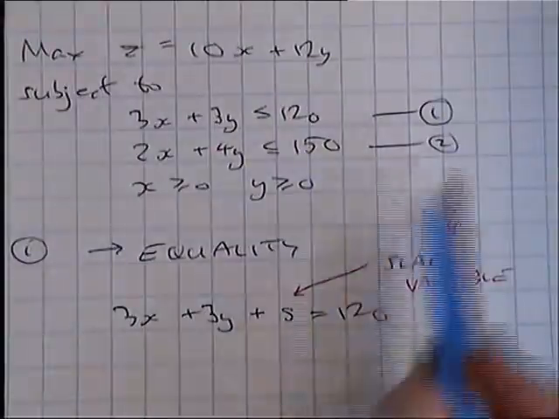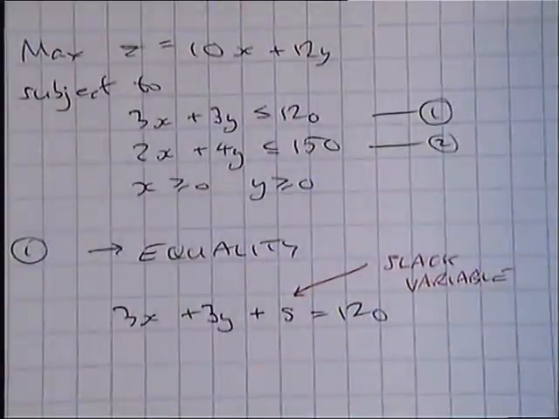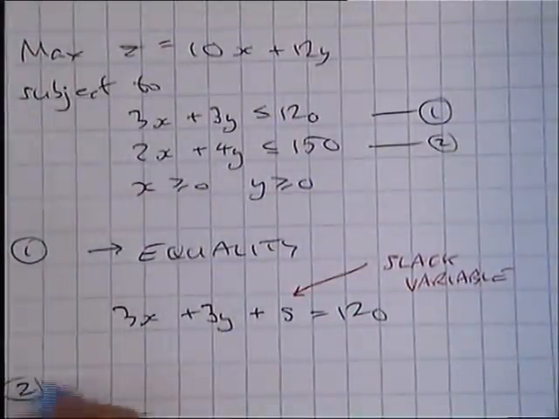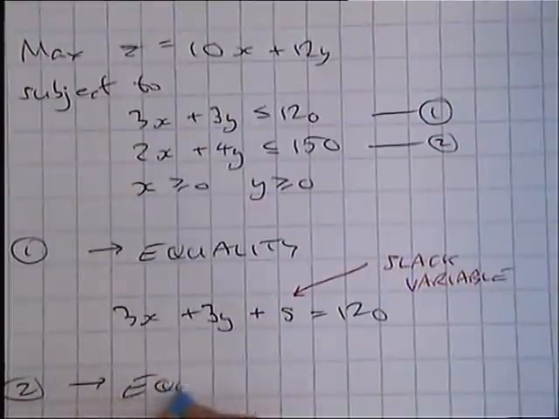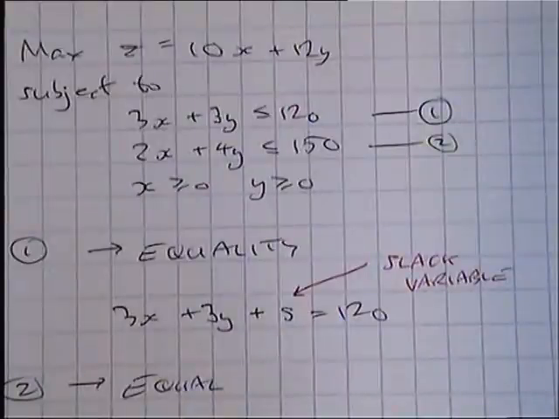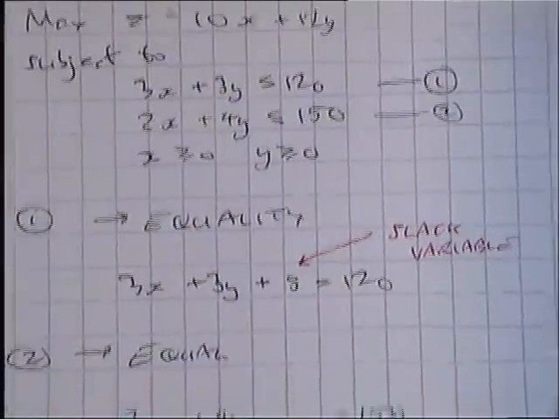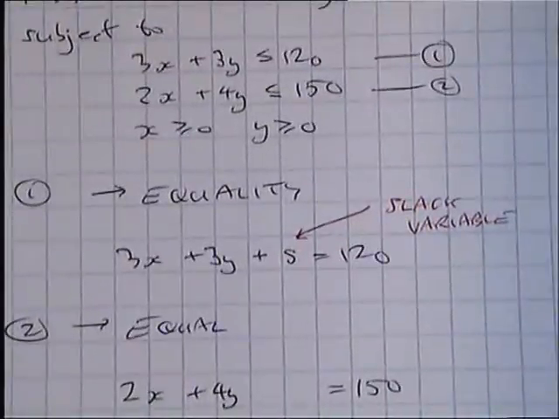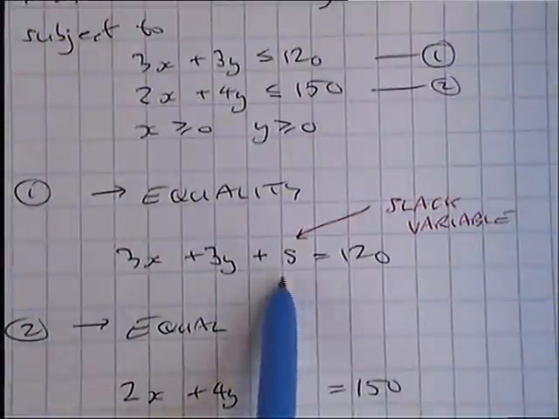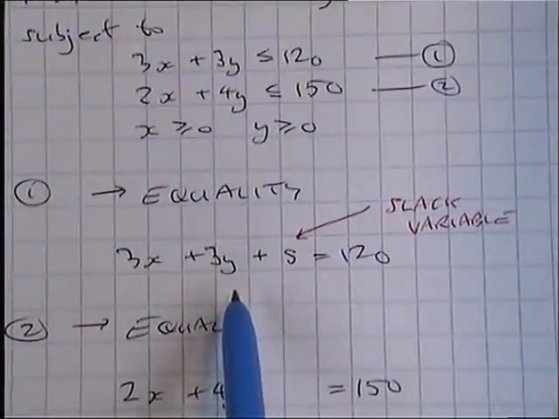So, the first constraint we rewrite like that as an equality. The second one we will also change into an equality. So instead of being 2x plus 4y, and we'll have the 150 over here, what do you think will go in that space? Let's have a guess. S. Not going to be S, because that would mean it'd be the same amount as here, and we don't know it's the same amount.